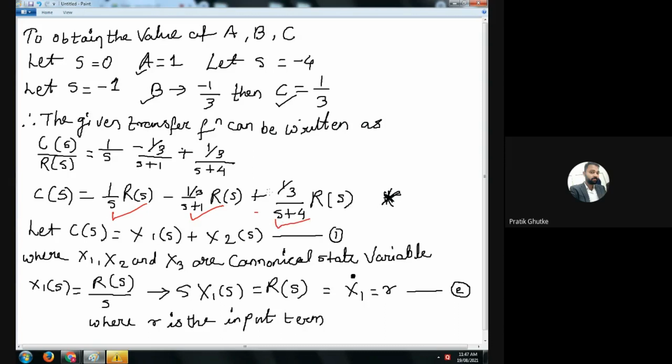Now I have calculated for this part. Now I will take this part for x2 dot, and for x3 dot I will take this term. Have you understood up to here? Now moving forward.